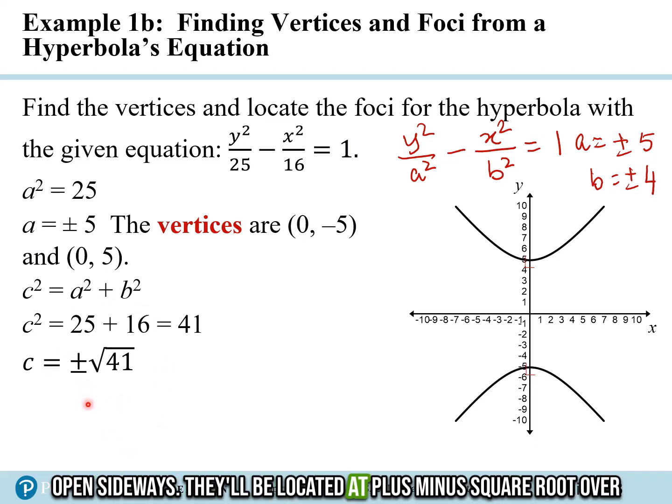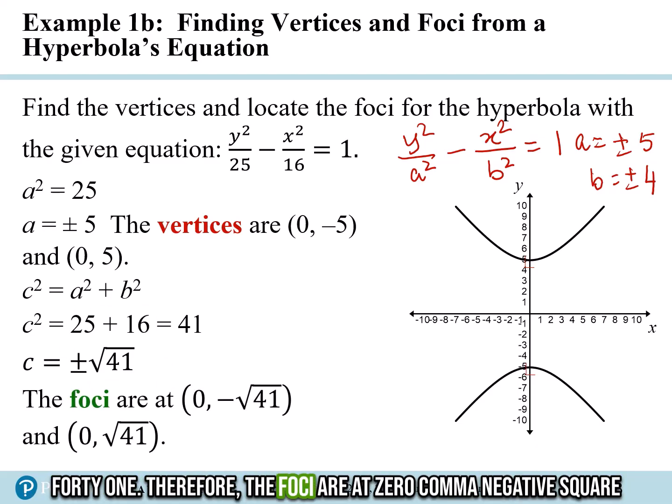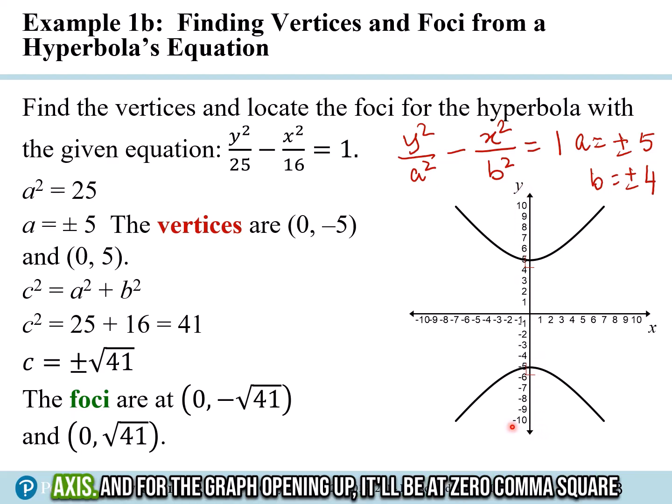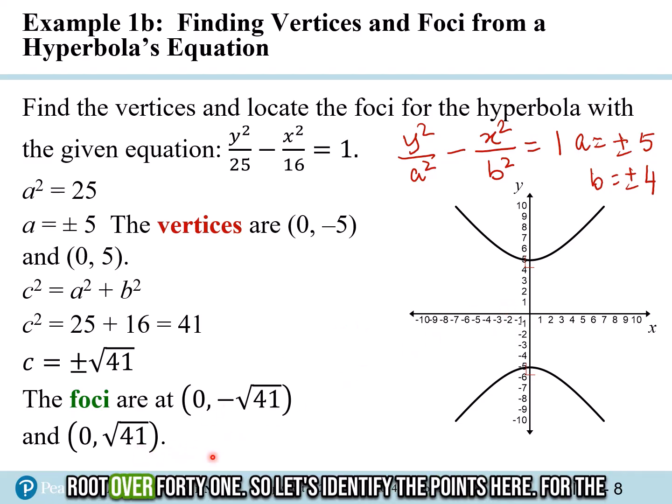They'll be located at plus minus square root of 41. Therefore, the foci are at (0, -square root of 41), because again the foci will be on the y-axis, and for the graph opening up it'll be at (0, square root of 41).